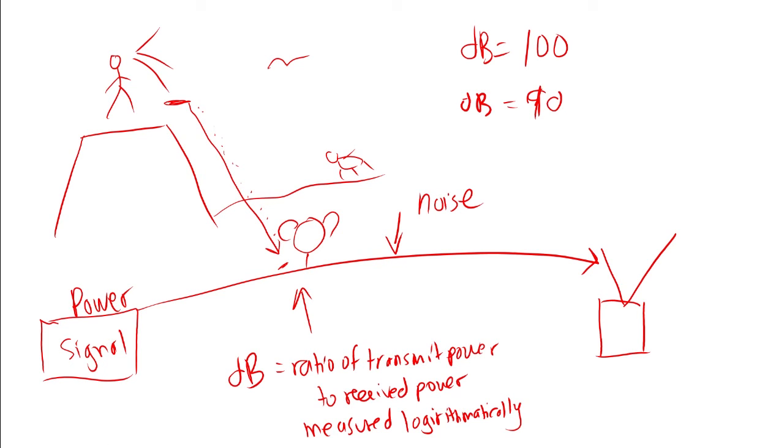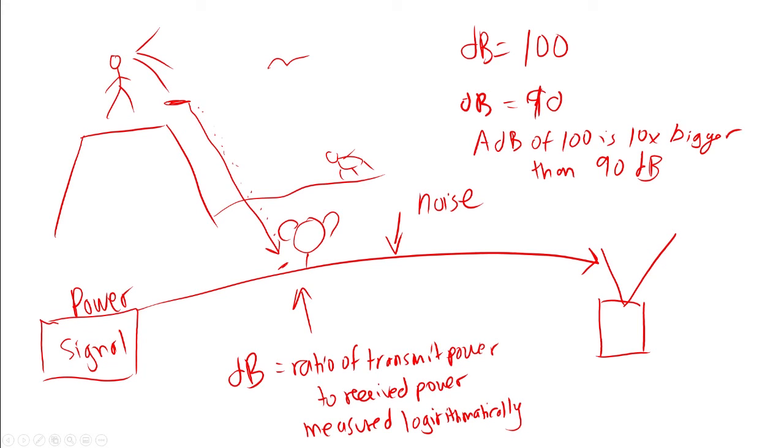So a dB of 100 is 10 times bigger than 90 dB. Which sounds silly, but that's how it's measured. It's measured using what we call a logarithm.